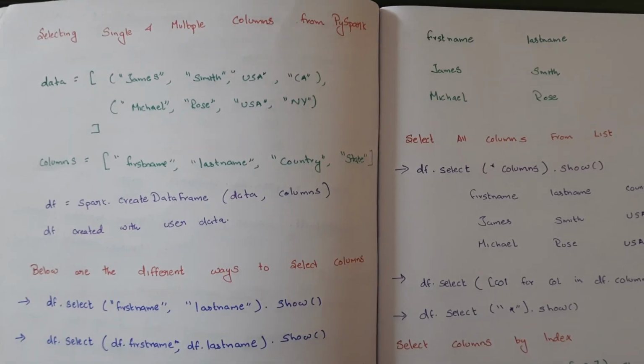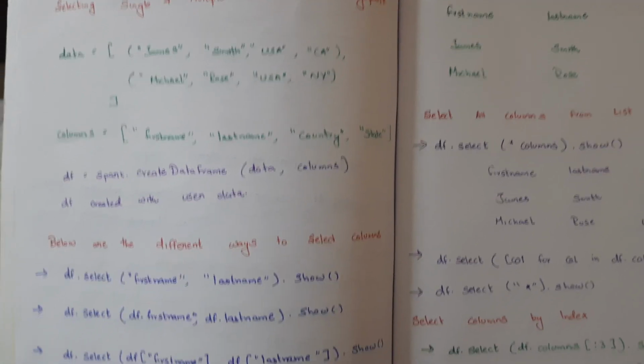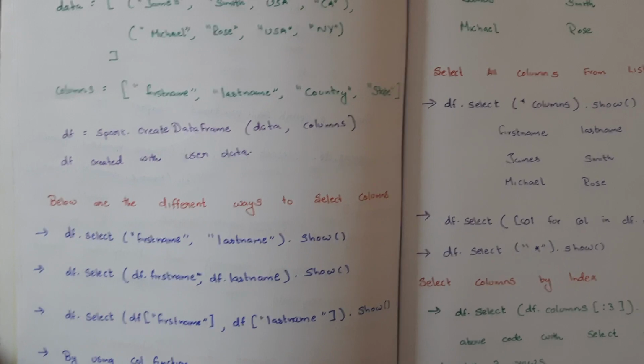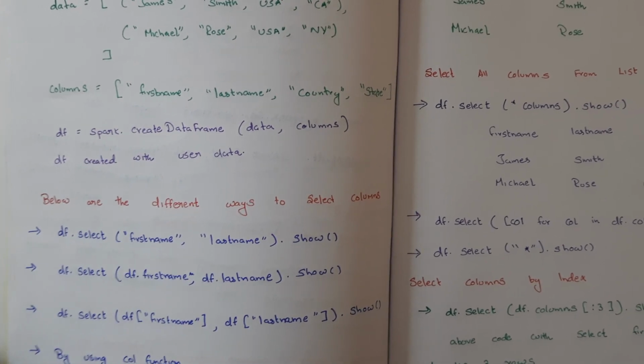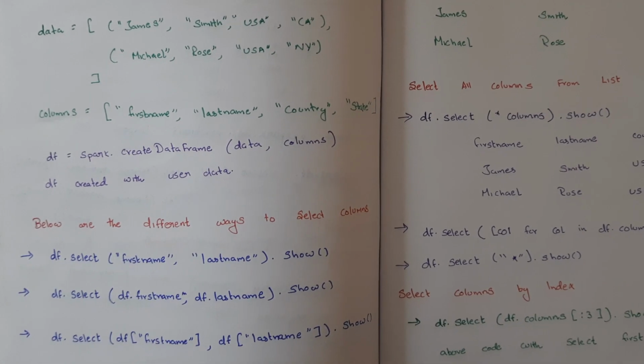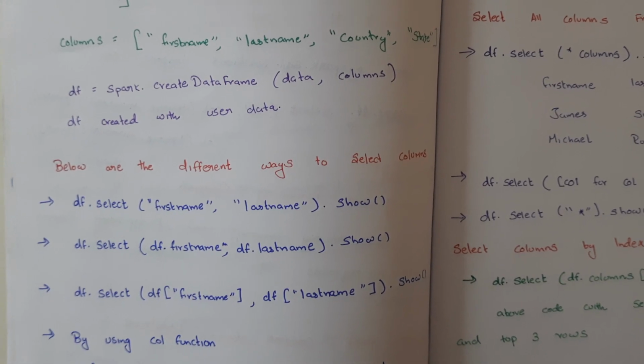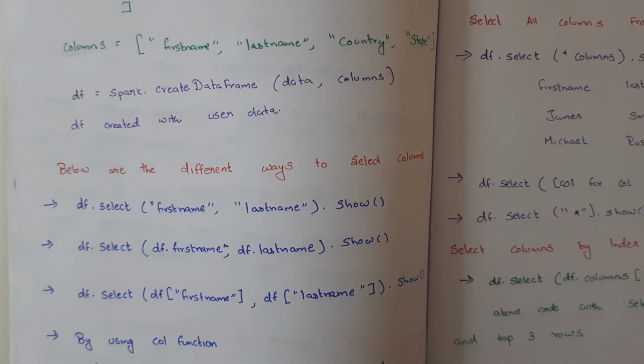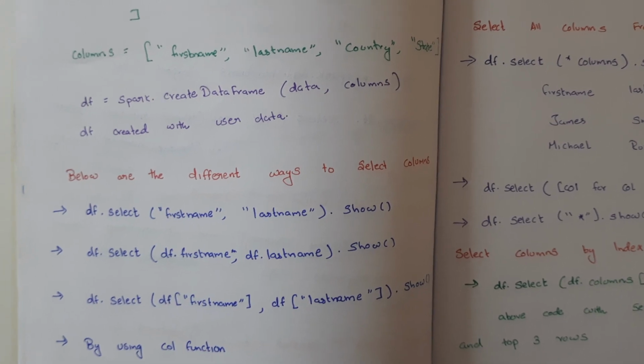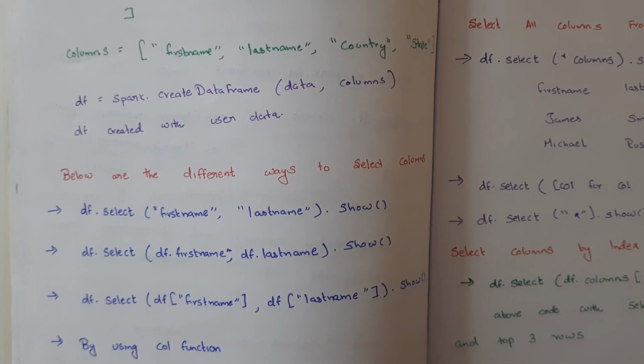Below are the different ways to select the columns. We have multiple ways to select columns from a data frame. We can use df.select and mention first name in a string and last name in a string, comma separated. Then if you do a show, you will get the first name and last name.